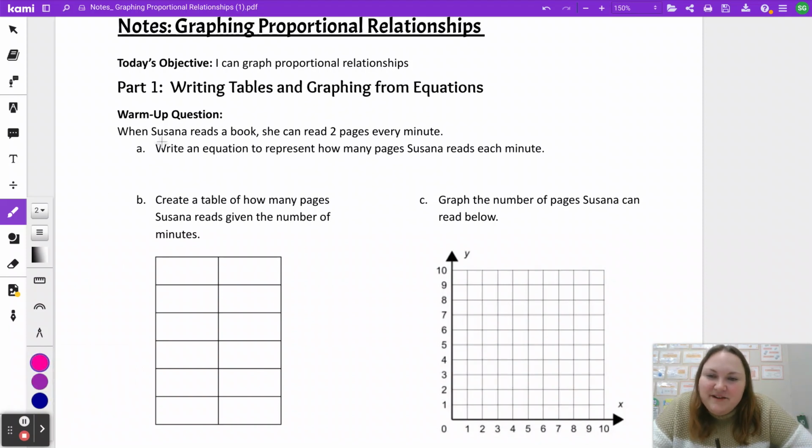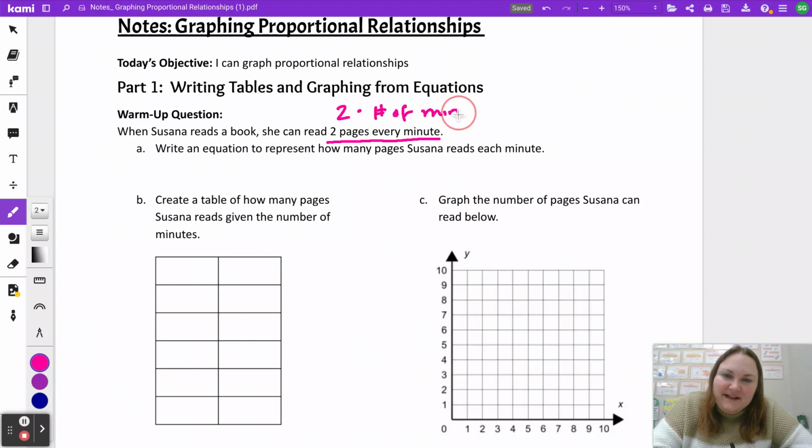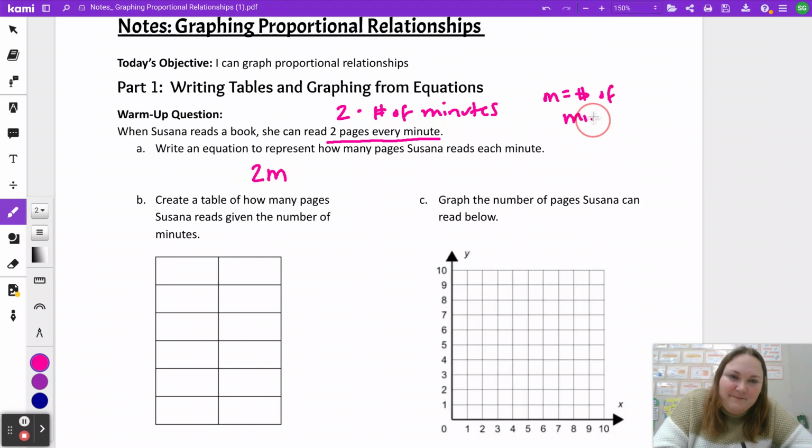For this first part, in order to write this equation, we need to first identify what math is happening in the story. When it says she can read 2 pages every minute, that means you're multiplying 2 by the number of minutes that she reads. I could show that in my equation with 2m, where m represents the number of minutes she reads.